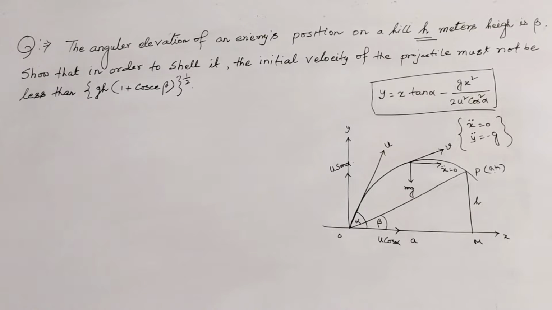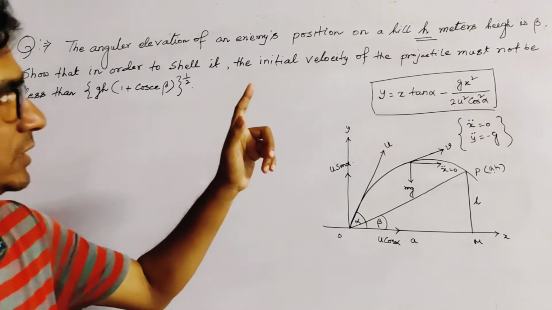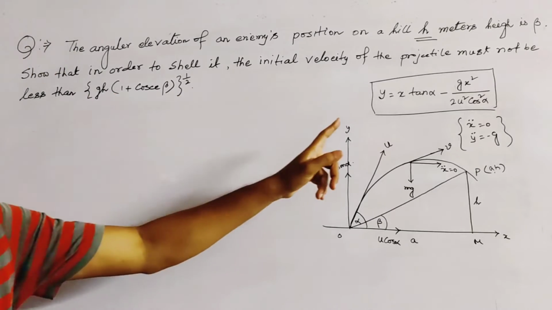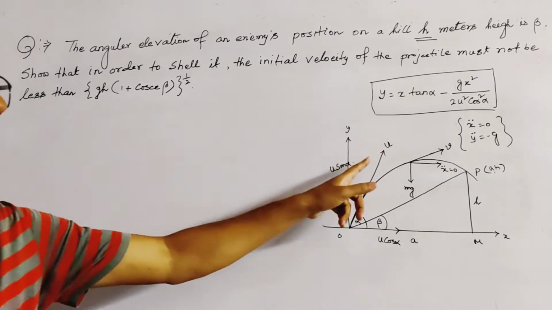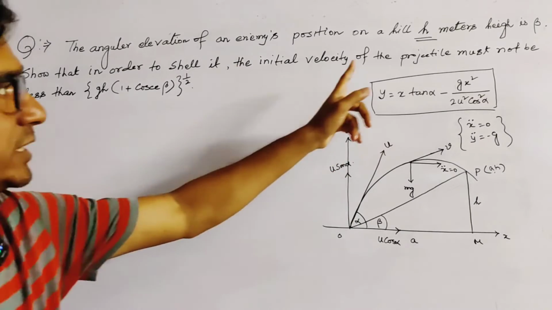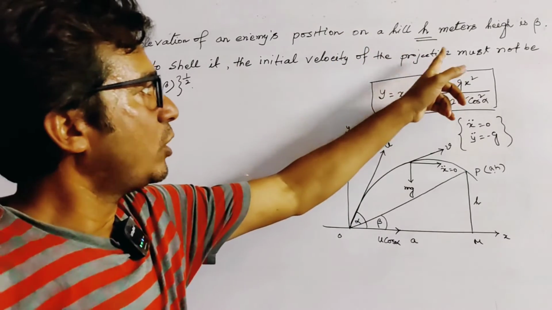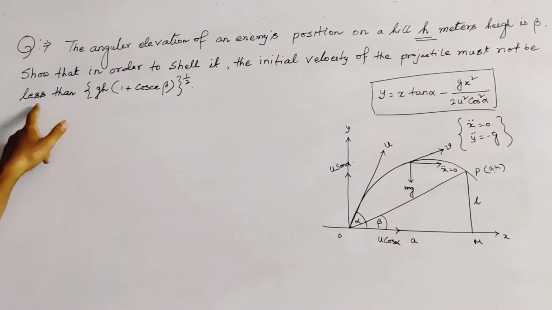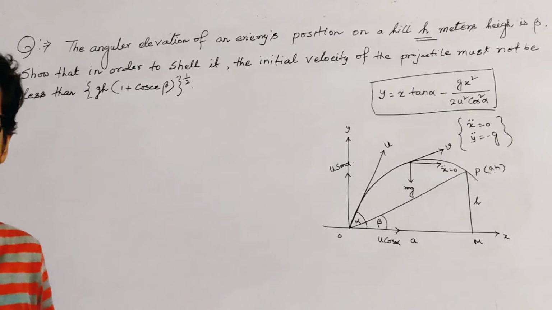Now we have to show that the initial velocity of projection must not be less than this. How do we find this result?